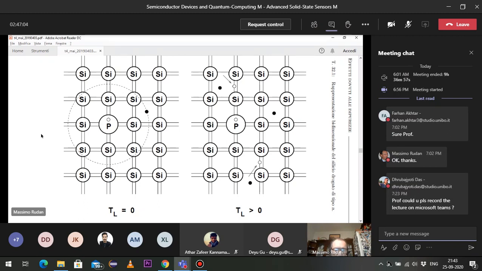So 4 electrons of phosphorus will form the bonds. So you see the pair of sticks that connect the phosphorus atom with the surrounding silicon atoms. And then there will be the extra electron, let's call it the 5th electron of phosphorus, that will not participate in any bond, okay?